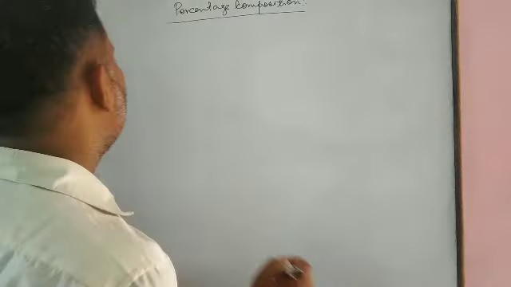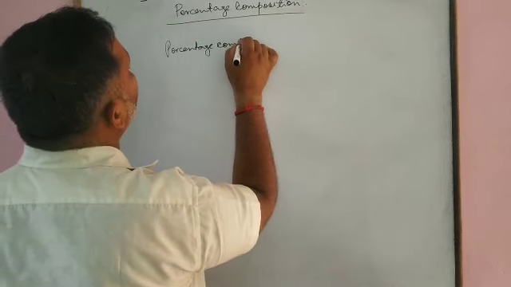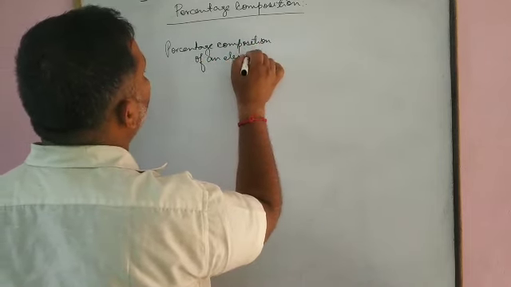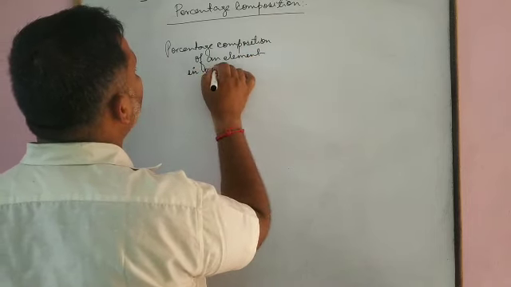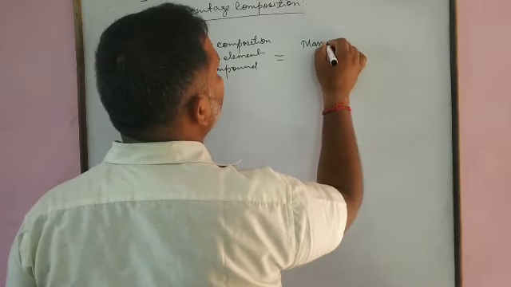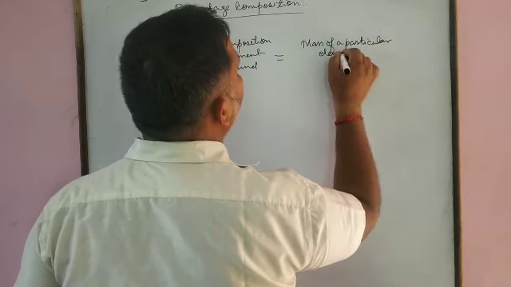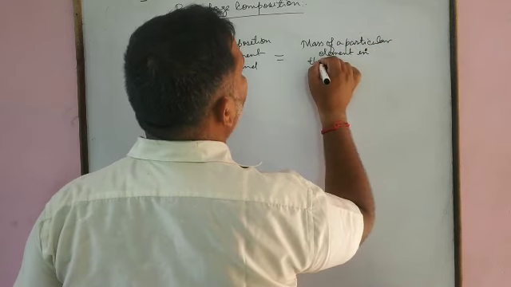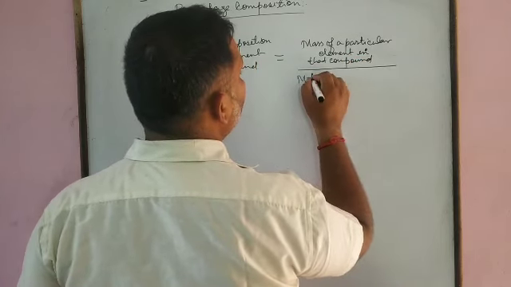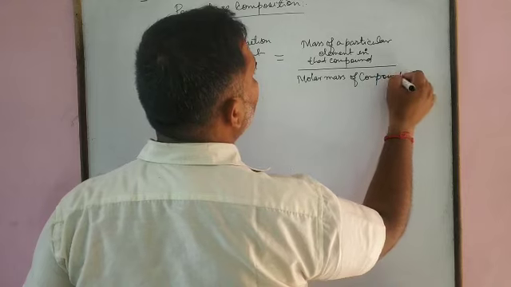It means the percentage composition of an element in a compound is equals to the mass of a particular element in that compound divided by molar mass of compound into 100.